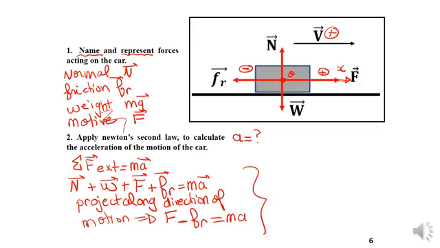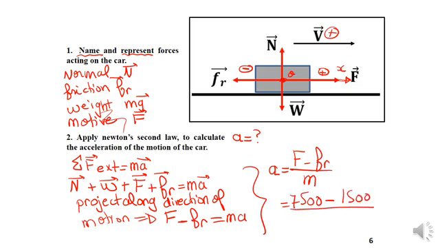Then a equals F minus Fr over m equals 7,500 minus 1,500 over the mass, 1,500. It is equal to 4 meters per second squared. This is the acceleration.